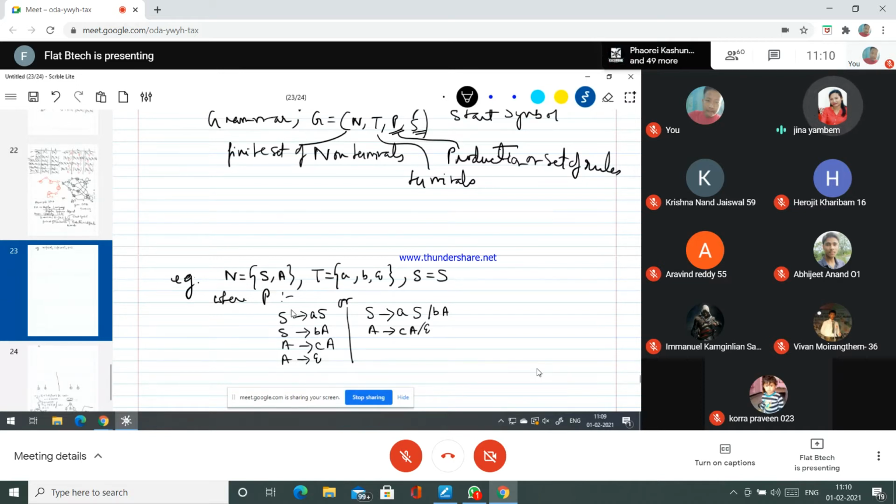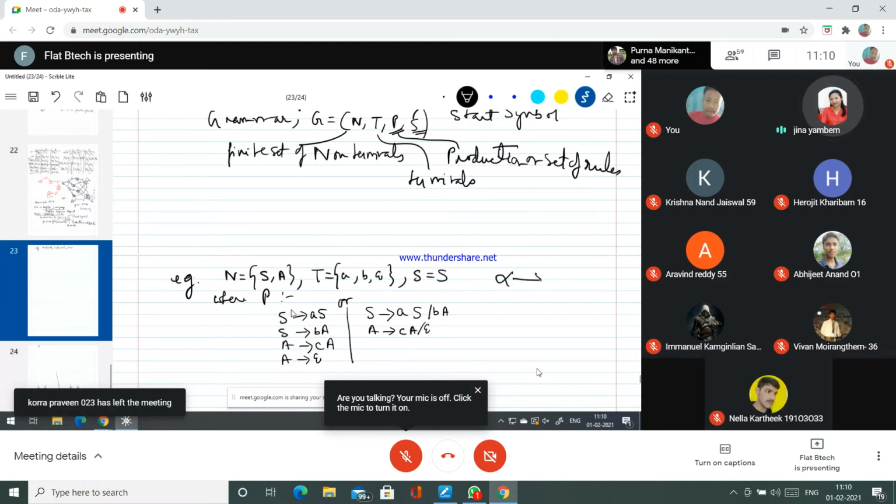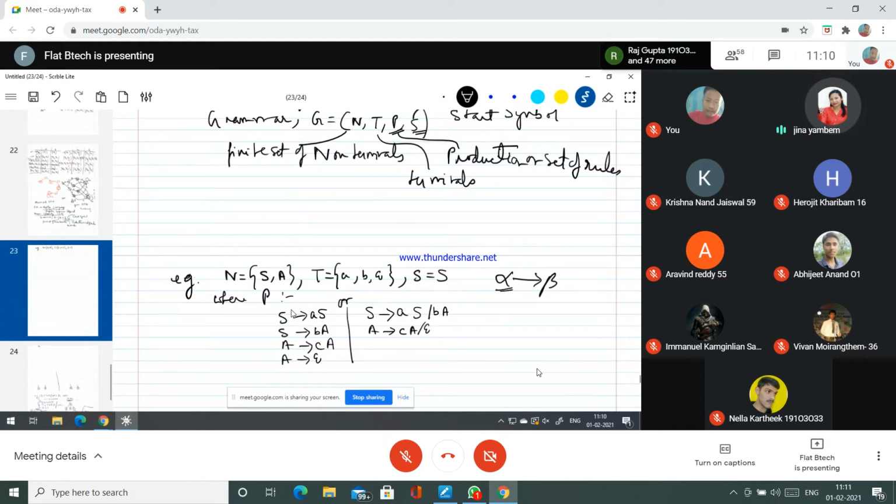Let me explain something about this production rule. Let me say alpha. What we mean by production rules is that wherever you find this alpha, it can be replaced by beta. Or instead of saying replaceable by beta, you can say that alpha can derive this beta. Certain terms are there.